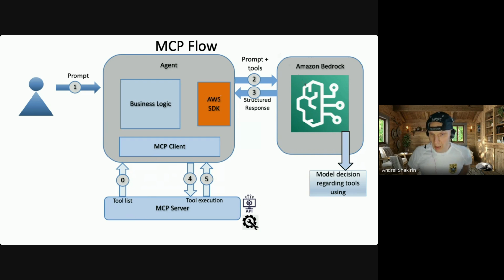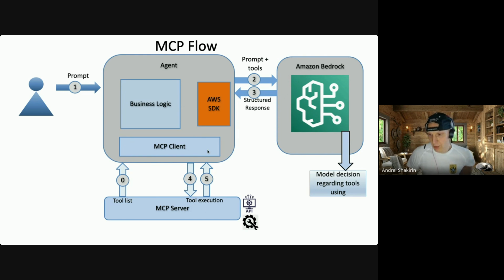You declare a function with a set of parameters, and the concrete values of the parameters are defined by the model. It's reported in a structured response back to the agent, and the agent is able to execute the tool with this set of parameters reported from the model.